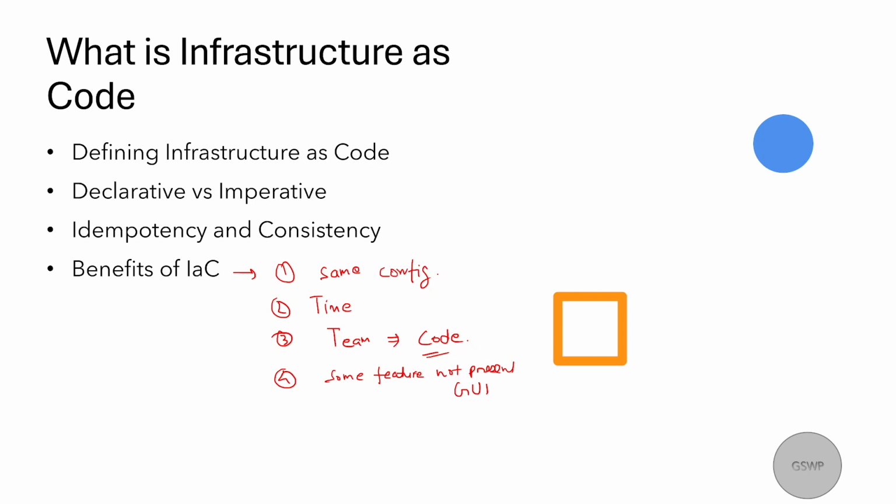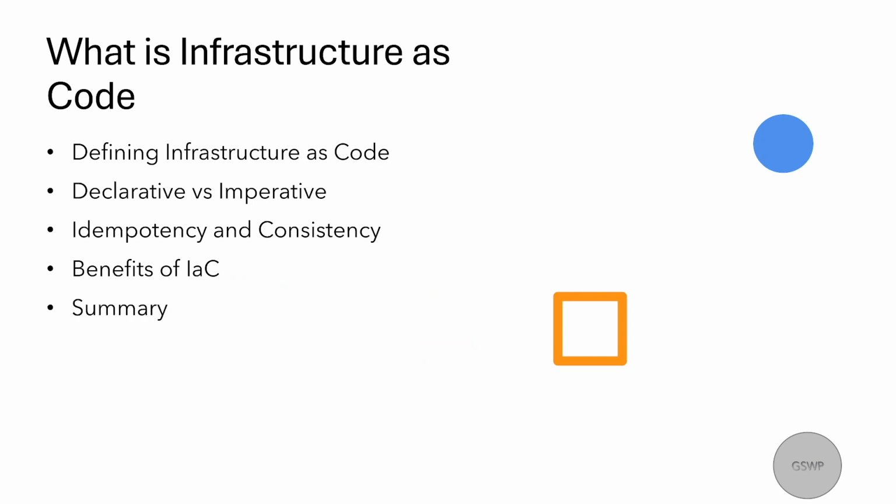There are some others, we can discuss them later. So this is the summary of this whole module 1. We understood the definition of infrastructure as code, the difference between declarative versus imperative, and what idempotency and consistency are. Idempotency, I told you, is the same state: if we run our code multiple times, you will get the same state.